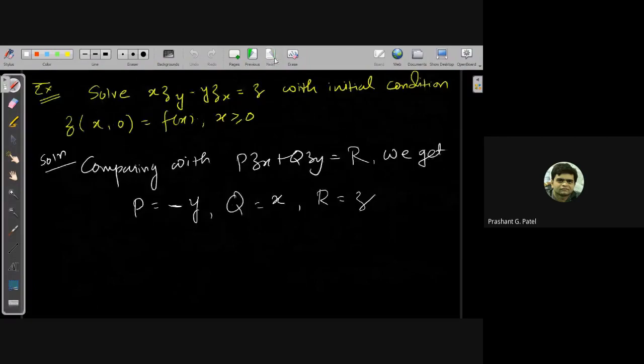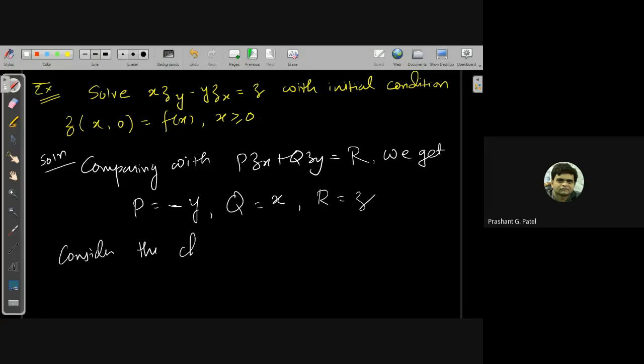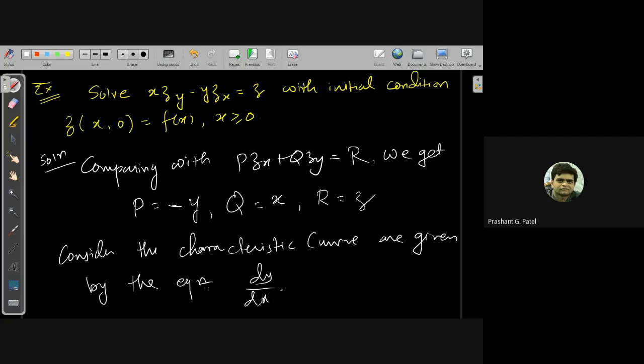So what we'll do, we'll consider the characteristic curves given by the equation dy by dx is equal to q by p, but q is nothing but x, p is minus y, so it is minus x by y.